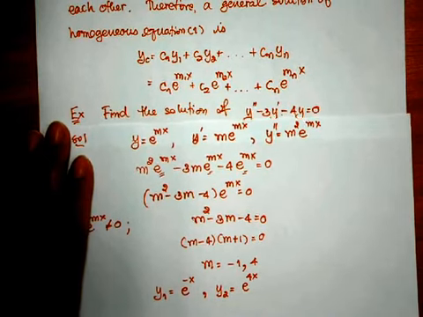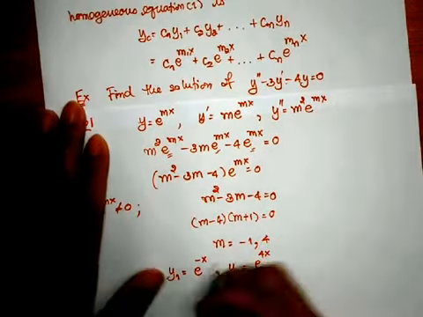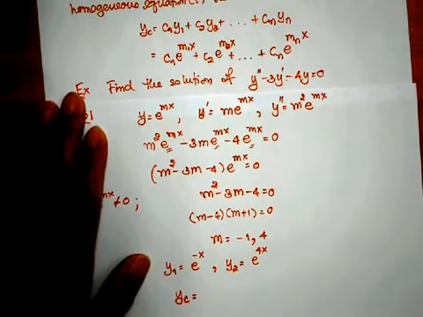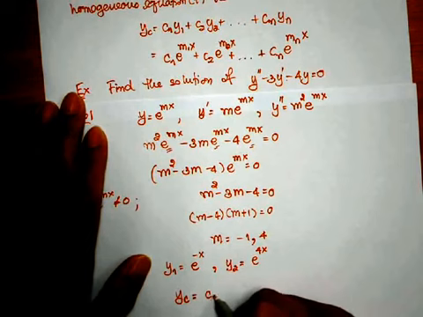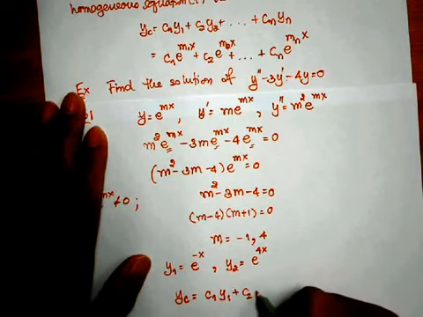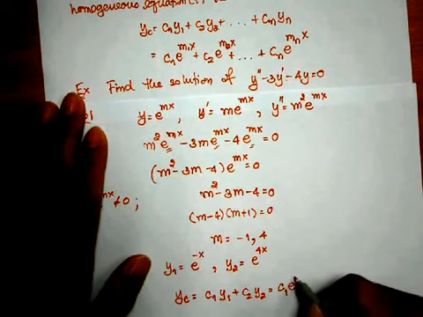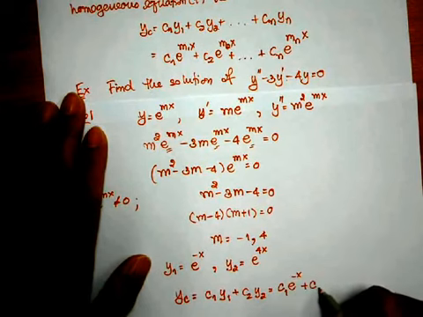So in this case, we can write down the general solution of this differential equation as c1y1 plus c2y2, which is equal to c1 times exponential of minus x plus c2 times exponential of 4x.